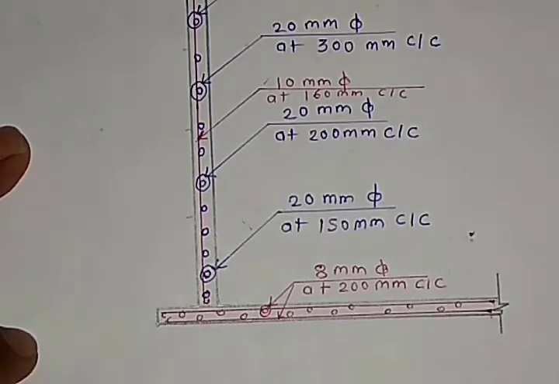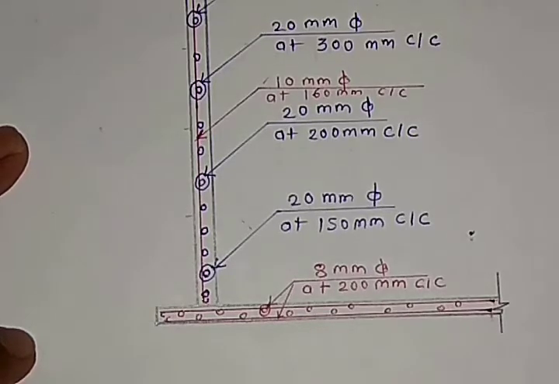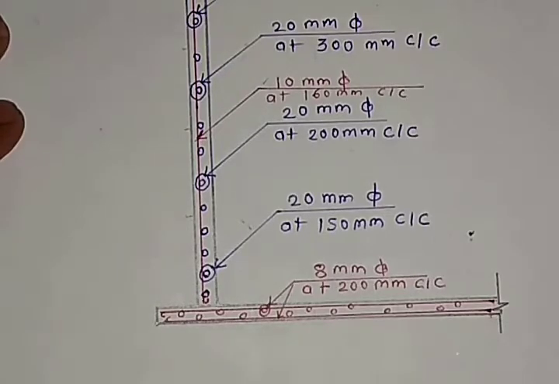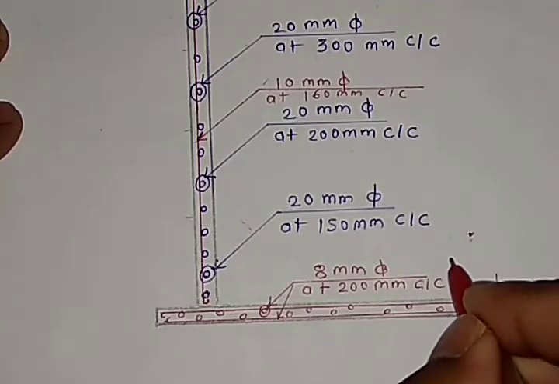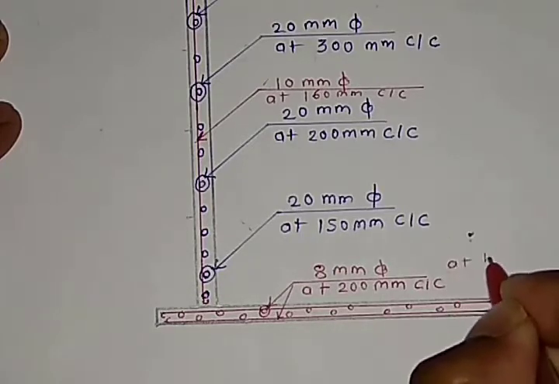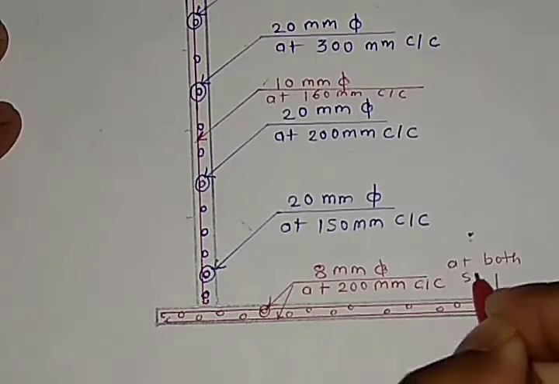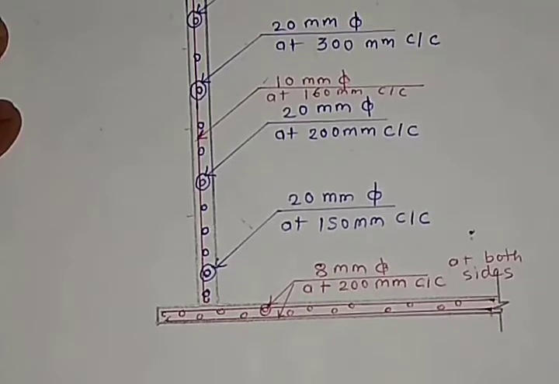So these are at the base slab, and this is at both the sides. You can write down this, at both sides.